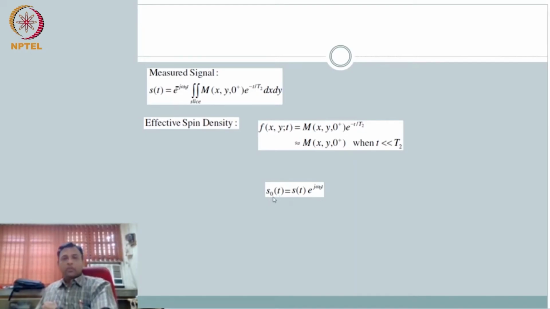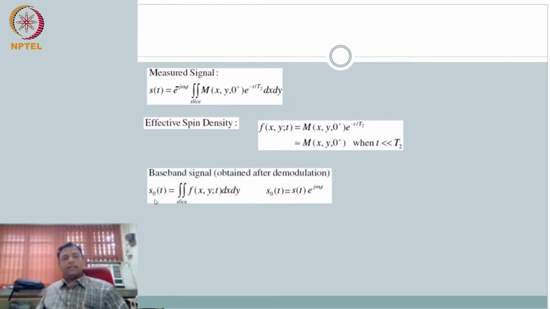Instead of S of t, which has e power minus i omega naught t, a high frequency, we will use S of t multiplied by e power i omega naught t. Essentially, you are removing the omega naught, or demodulating it, so you have only baseband. We'll call this the baseband signal that we are going to play with. The baseband signal is nothing but the integral of f of x y dx dy. We will interpret this baseband signal going forward.